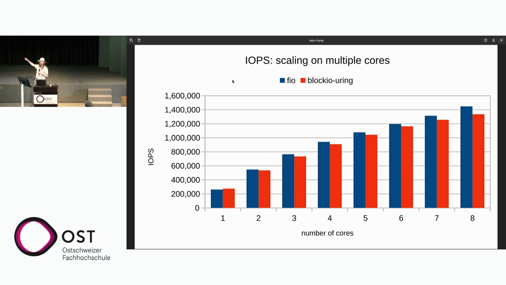You actually have to use multiple cores to get the parallel throughput on your SSD, and we can do that too. Not quite as close as FIO, but within spitting distance. So that's great. We can now do high-performance I/O.